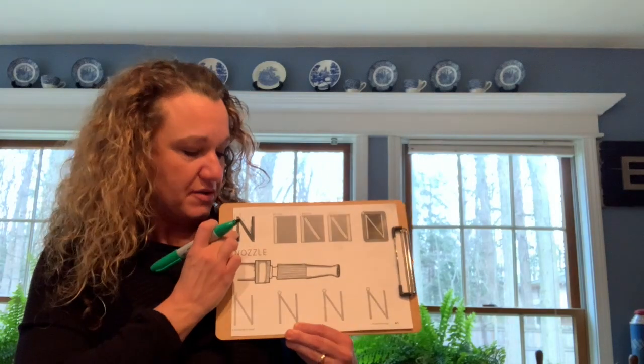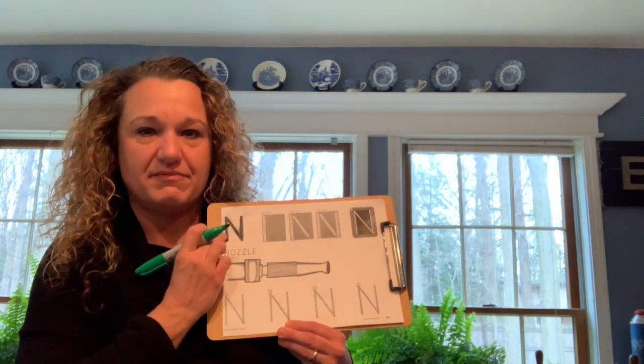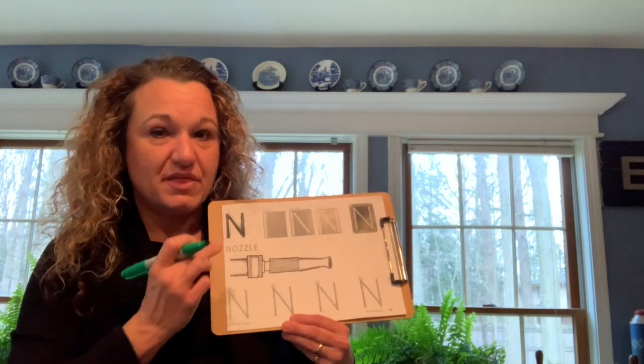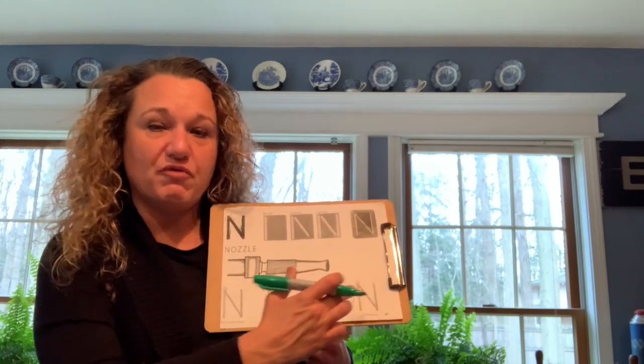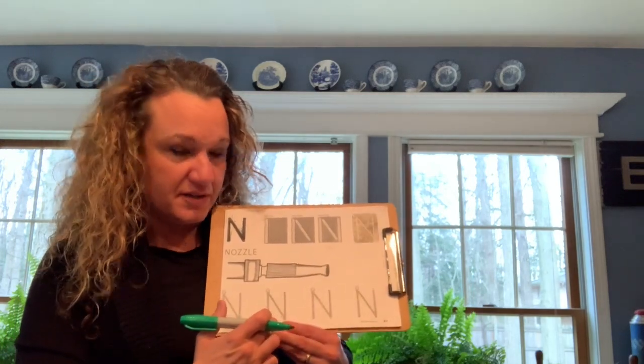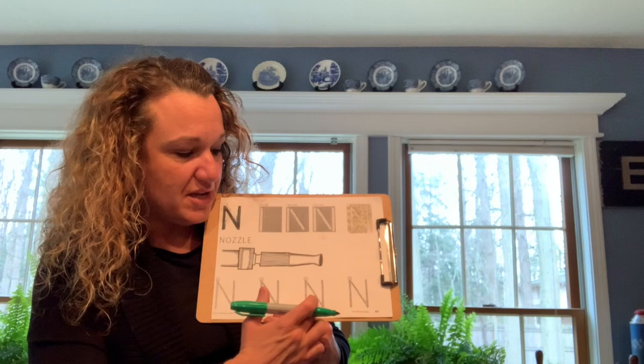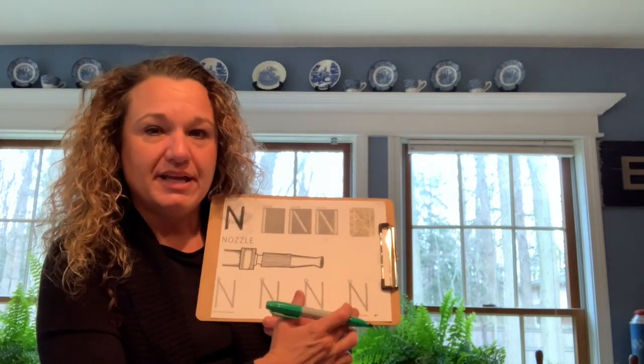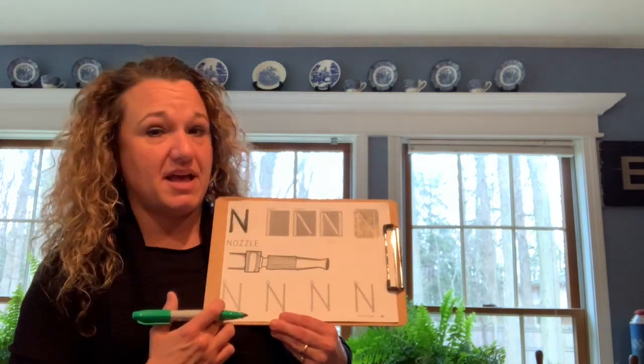So you're gonna start by drawing this N. Then you're gonna move down to these 4 N's. 1, 2, 3, and 4. And you are going to trace these N's.